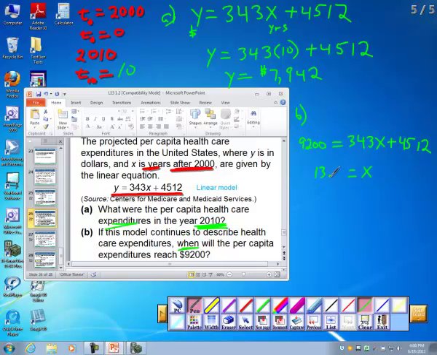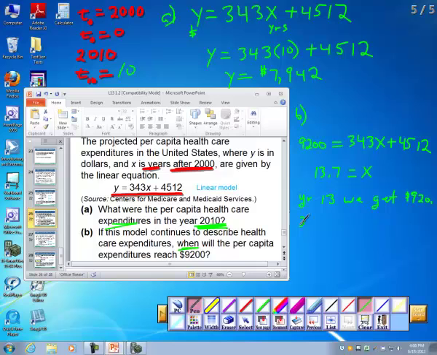Yeah, because X is going to equal 13.7, but that means in year 13 we get 9,200. So we can't go over that, because if we go over that, then that's more than 9,200.